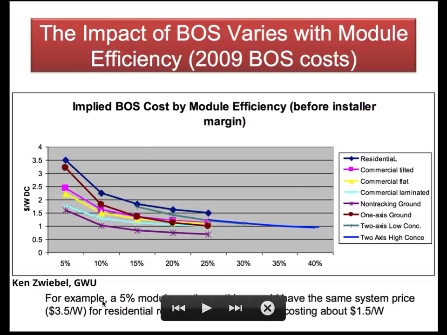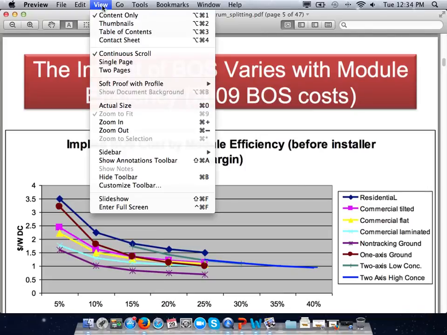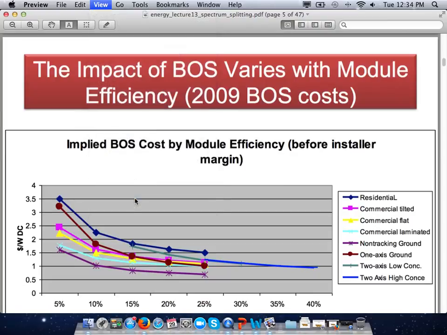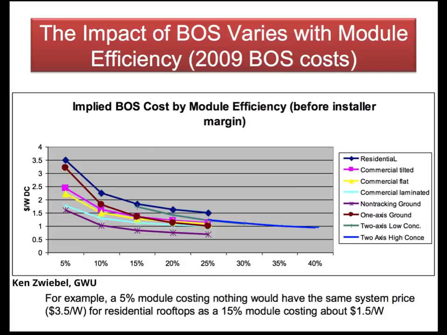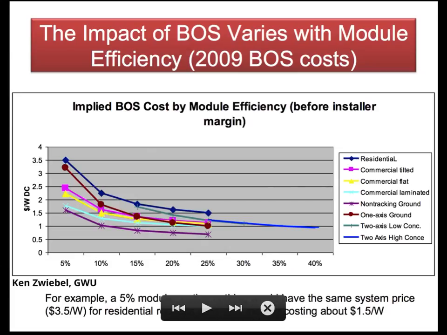An interesting thing is that a 5% module costing nothing would have the same system price for residential rooftops as a module with 15% efficiency.